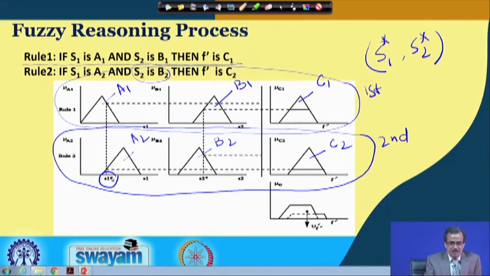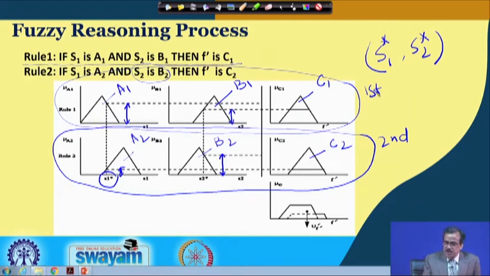Corresponding to the first fired rule, I will be getting one membership function value here, and another membership function value here. Corresponding to this S2 star, I will be getting one membership function value here, and another here.